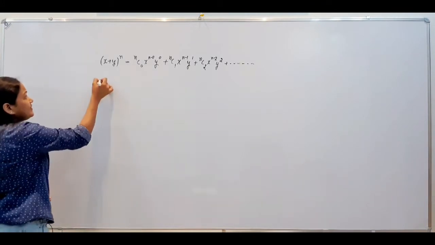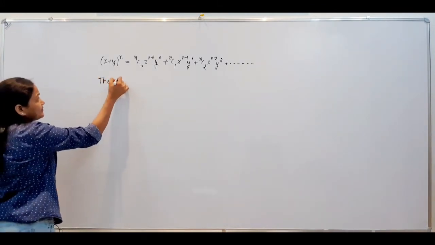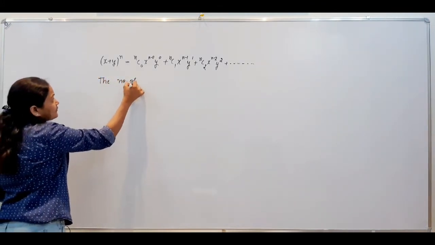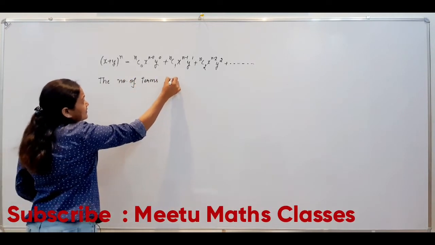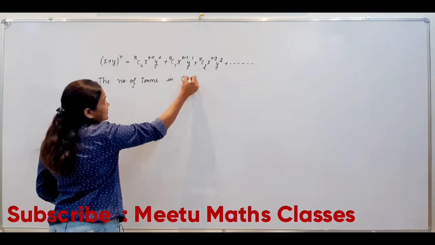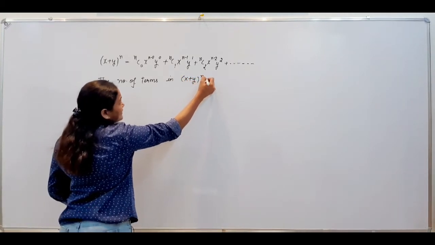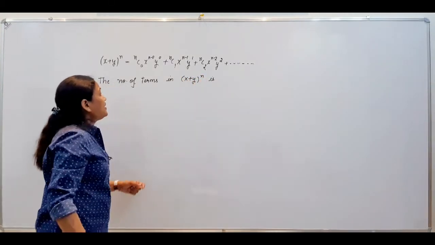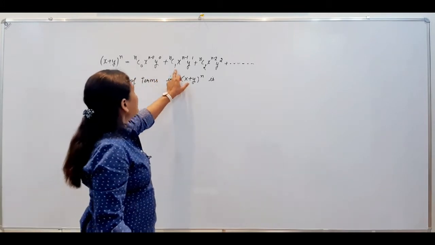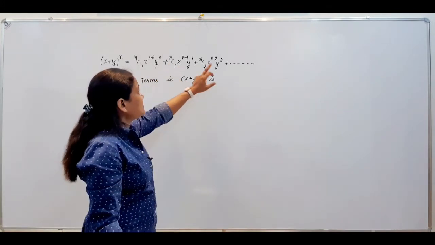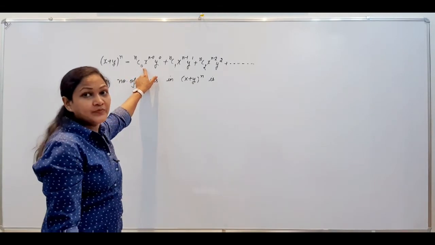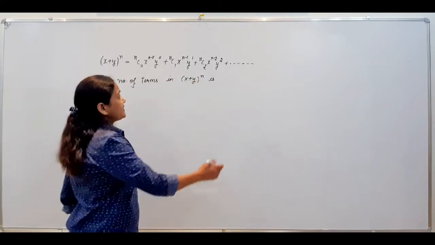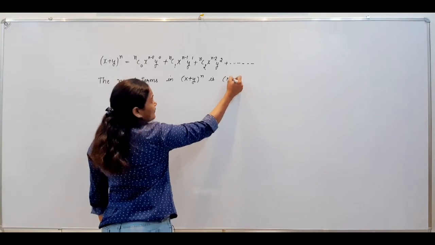So the number of terms in x plus y raised to power n is, see, r goes continuously from 1 to n, but there is also the 0 term. So the number of terms in this expansion is n plus 1.